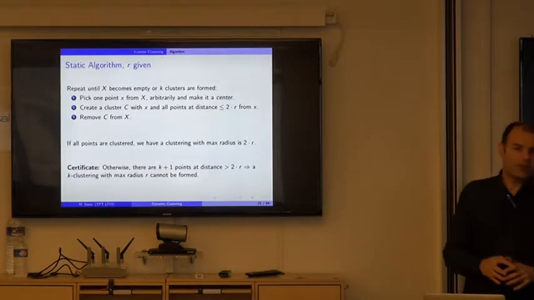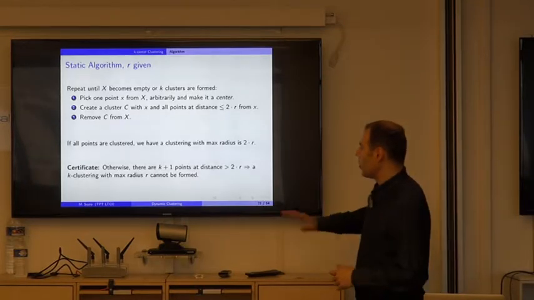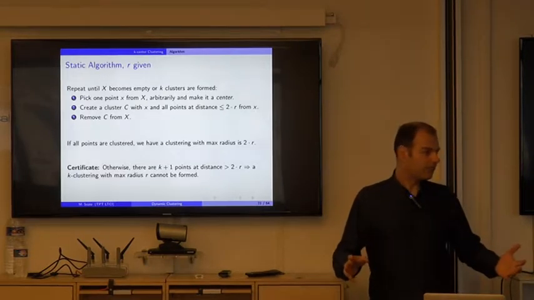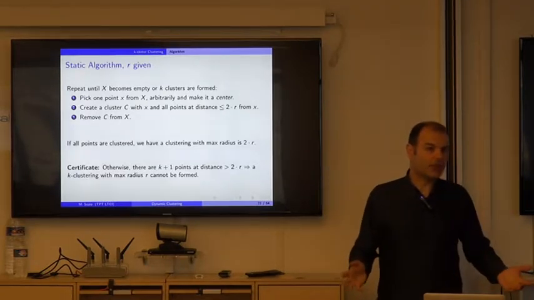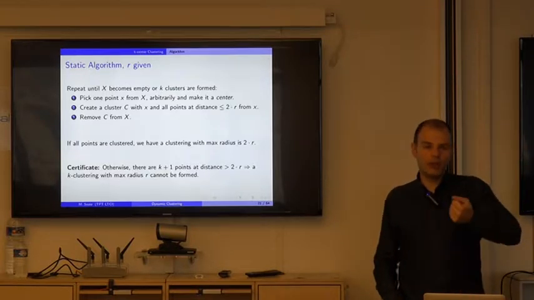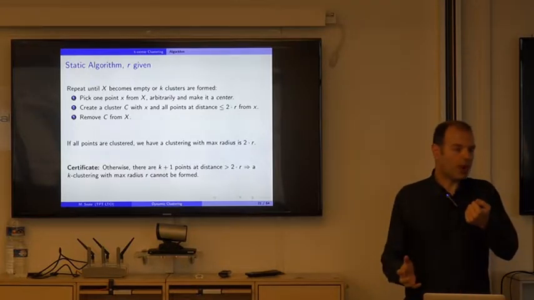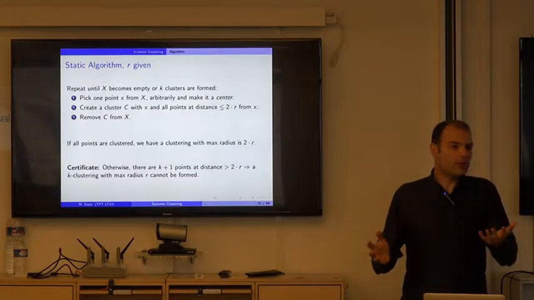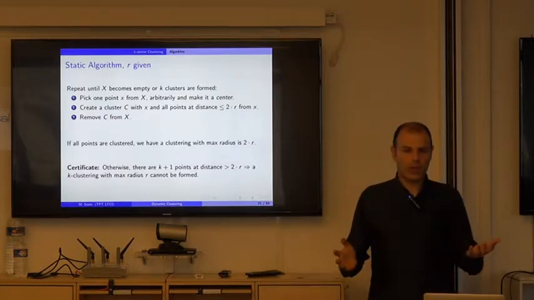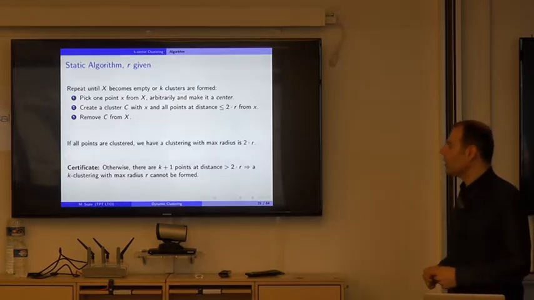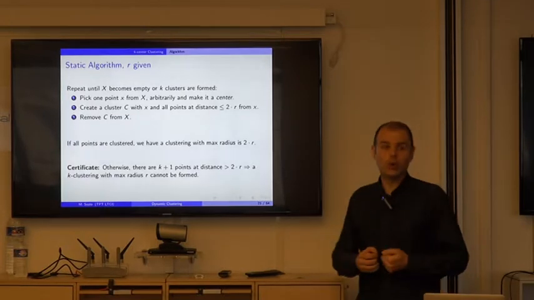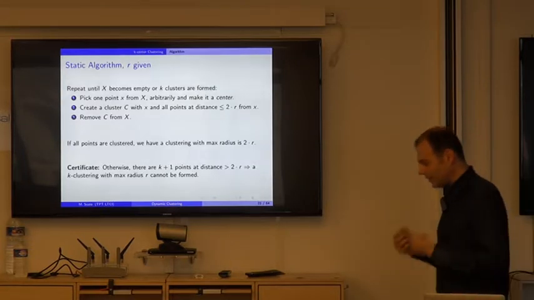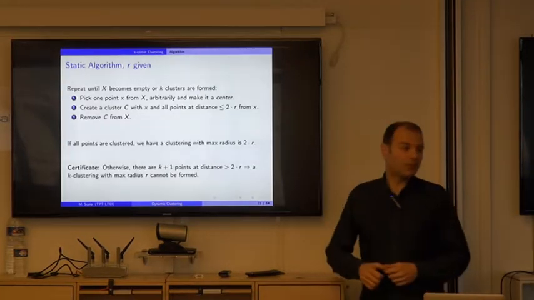And then we can show, and it's very easy to show, that if we are able to cluster all points, then we have a clustering with maximum radius 2 times r, right? I think everybody can see that. At each step, I take a point and I put all points within 2r from that point. If I'm able to cluster all points, then the maximum radius of the cluster is 2 times r. In case I'm not able to cluster all points, then this cannot be the optimum.